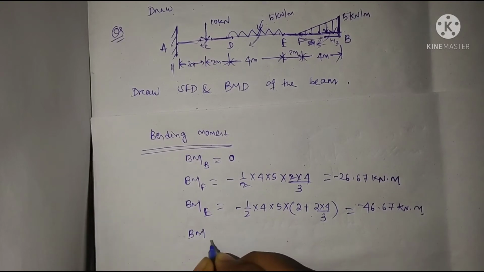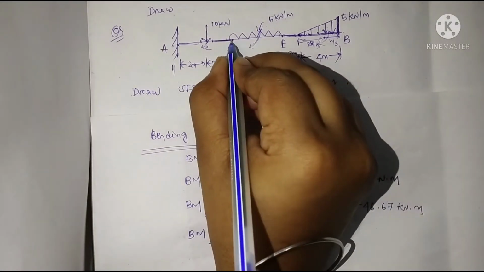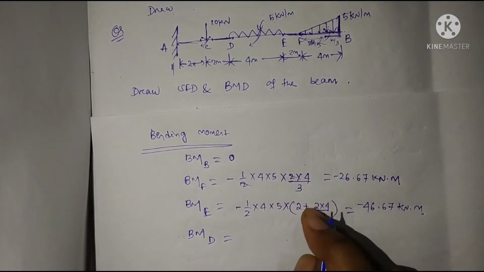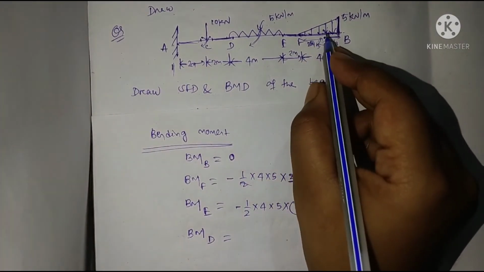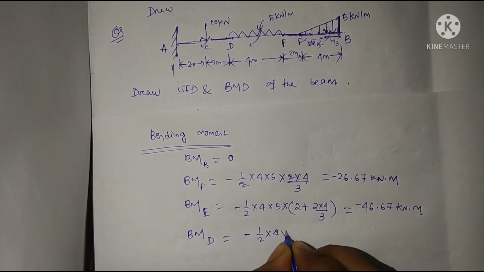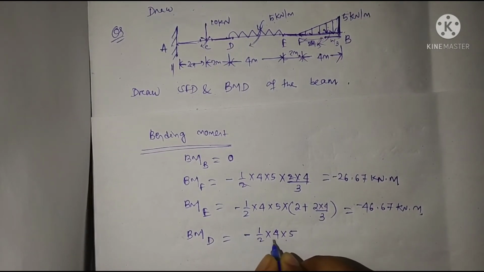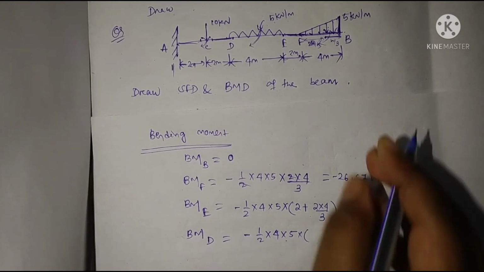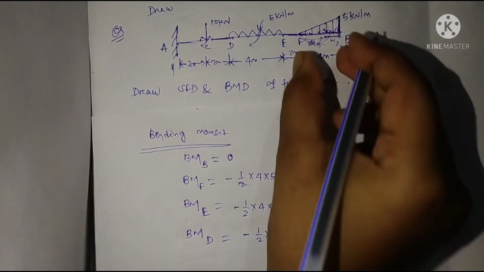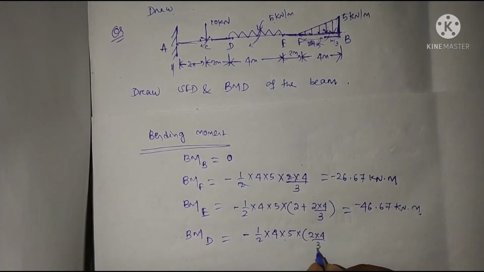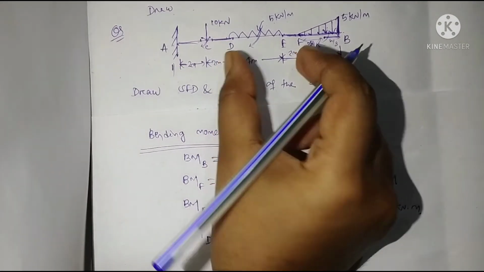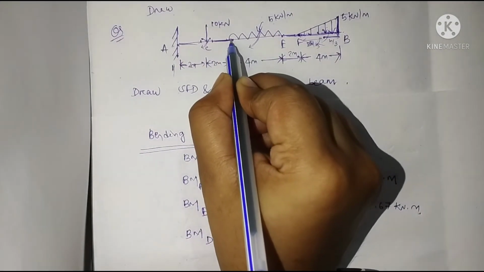Now bending moment at point D, means at this point, how much will be the bending moment? Just follow the same process. Here, due to the downward force, it will be negative. The intensity of loading is half into 4 into 5, and the distance will be 2h by 3, that is 2 into h, where the value of h is 4, by 3, plus we have to add this distance, because we are calculating bending moment about this point.